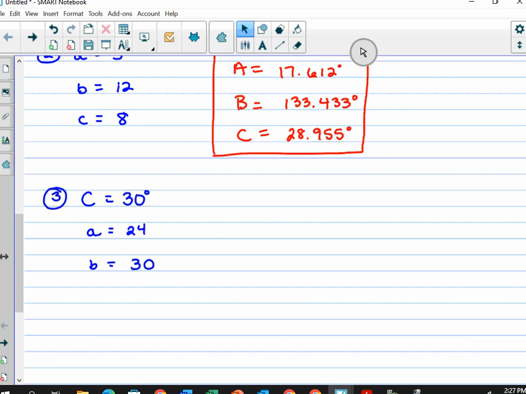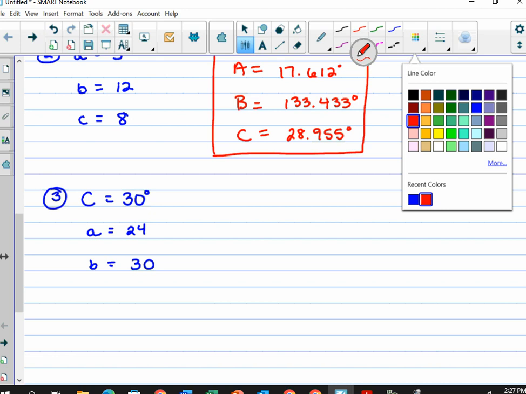Find side C first on this one. Store that. You're missing pieces.